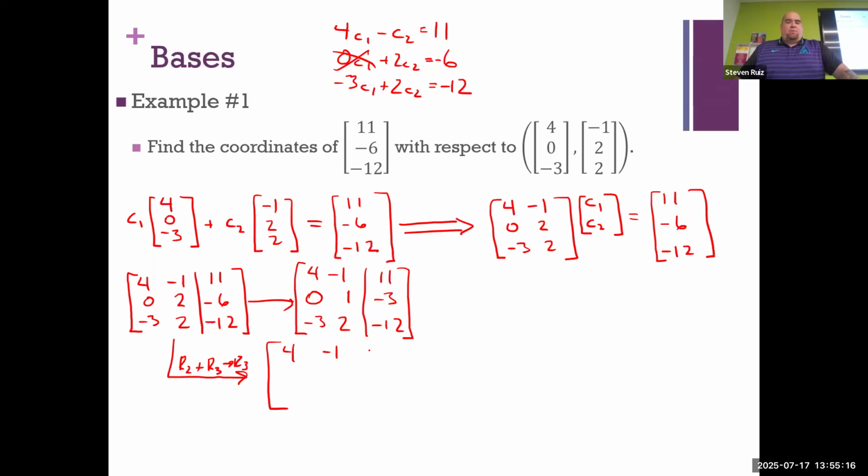So 4, -1, 11, 0, 2, -6, -3, 0, -18. Oh, that's right. I was not adding, subtraction.